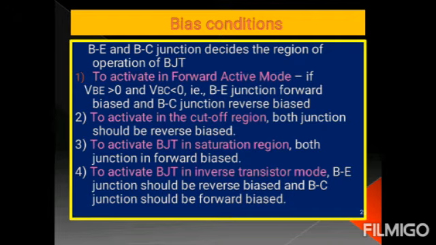To activate the BJT in the saturation region, both junctions should be forward bias. To activate the BJT in inverse transistor mode, your base emitter junction should be reverse biased and the base collector junction should be forward biased. These are the bias conditions, and you have to choose any one condition to activate your BJT for one particular application. Okay.